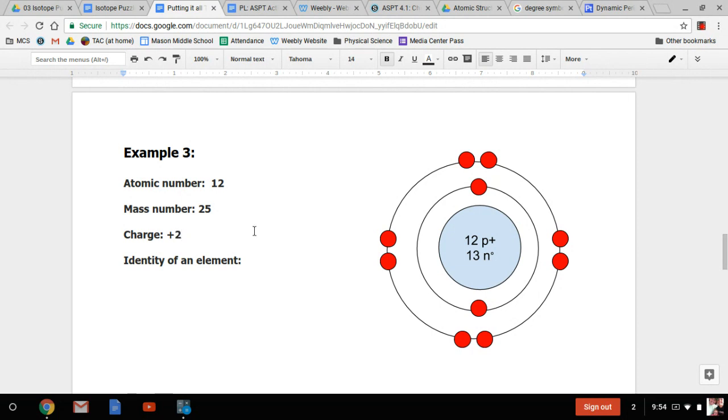And the element for this one, if I look at my atomic number, the identity is magnesium. And if I look at magnesium, the atomic mass is 24.31. That mass number does not match up with this one that we have in front of us. So therefore, in example 3, this Bohr model is not the most common isotope as well.